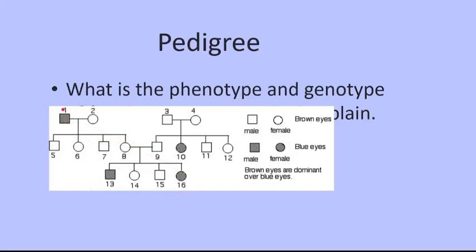So this parent is likely going to be, let's see, probably a full recessive, small a. This parent could be a heterozygote, or she could have been a homozygote dominant. However, on the left, these two are both heterozygotes.